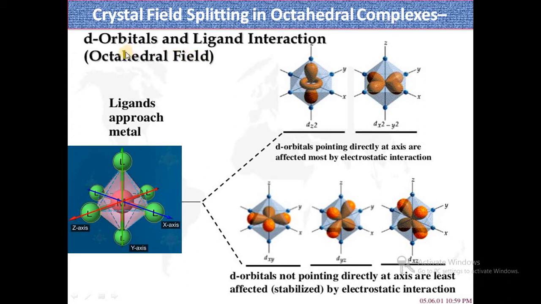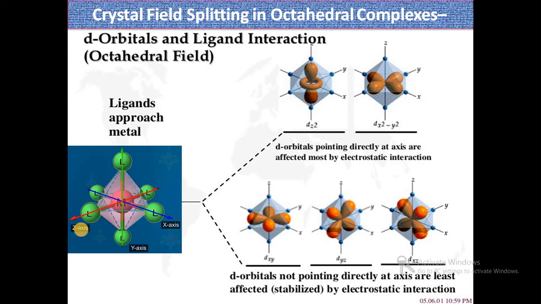In this case, the interaction of the d orbitals of the metal and the ligands takes place. In this diagram, the metal is surrounded by ligands, and the ligands are approaching the metal along the x, y and z axes.